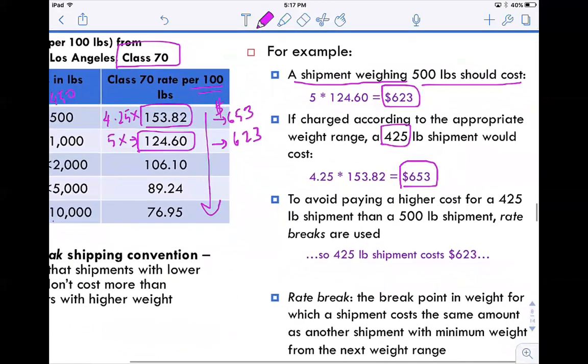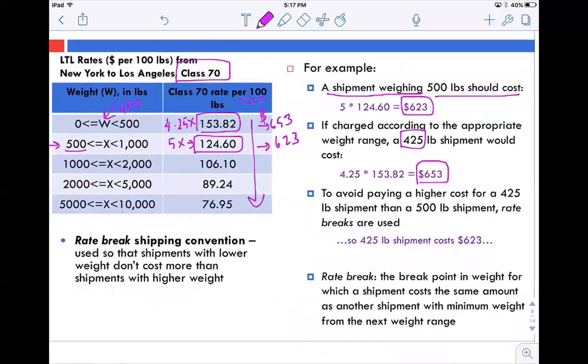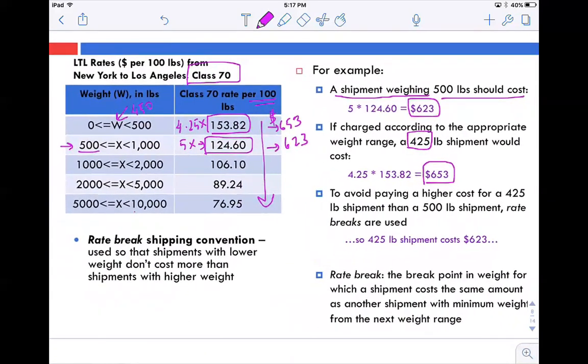Okay, so is this reasonable? My apologies. This is supposed to be 425.